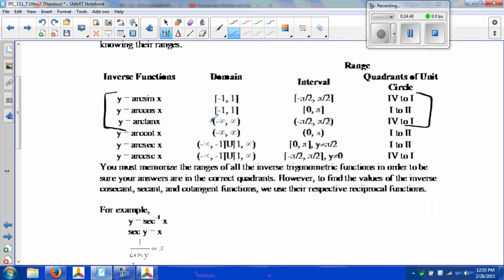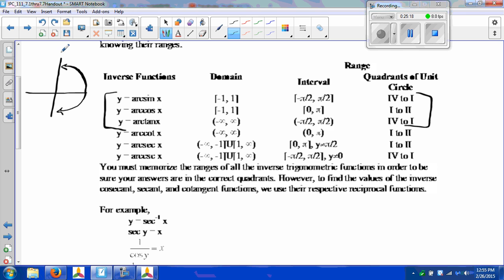All right, so when you go to answer your questions, if it starts with an arc sine or arctangent, notice their ranges are the same, except for these you can include the endpoints, these you cannot. So for arc sine and for arctangent, you're going to want to only answer from here to here.